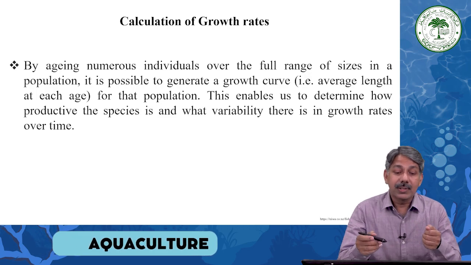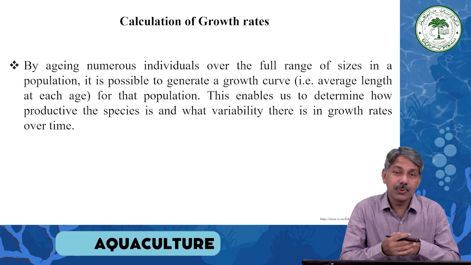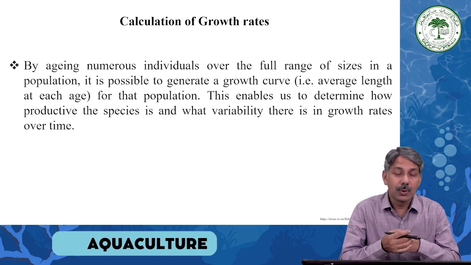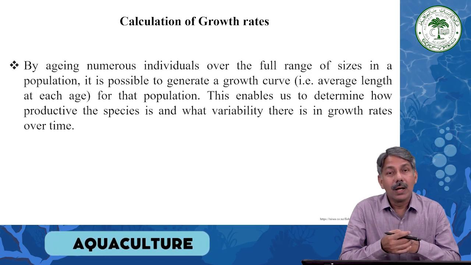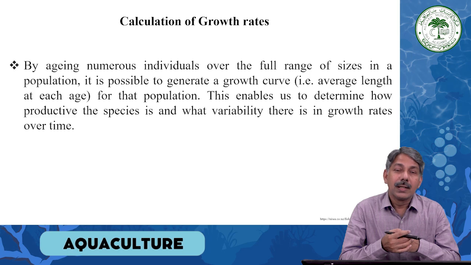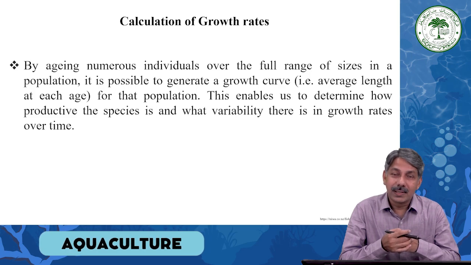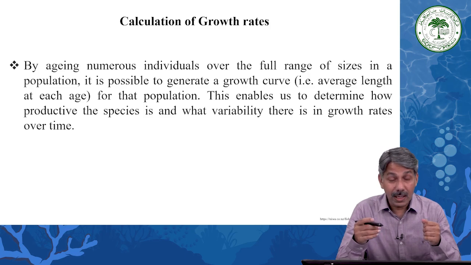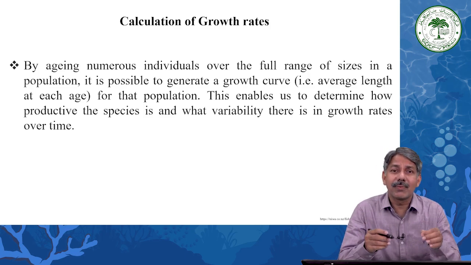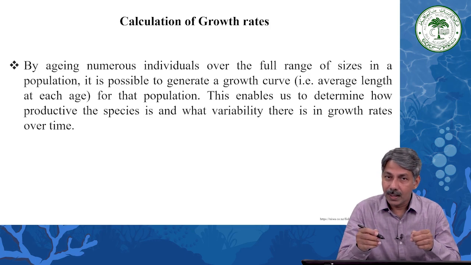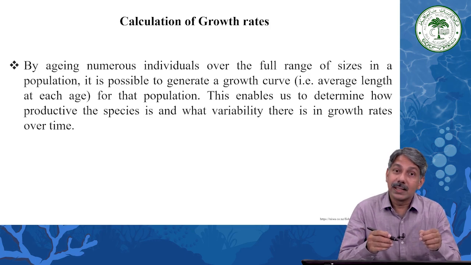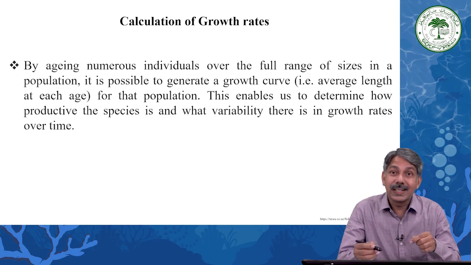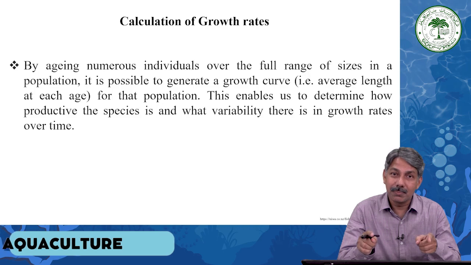Say, for example, calculation of growth rates. As I just gave you the example of human babies, here also we need to have information on what is the growth pattern, growth rate of the fish with the progress of age. In fact, that is one of the fundamental requirements while selecting a candidate species for aquaculture. We must have information that this fish will grow to a certain marketable size in a very limited duration, a specified time period.